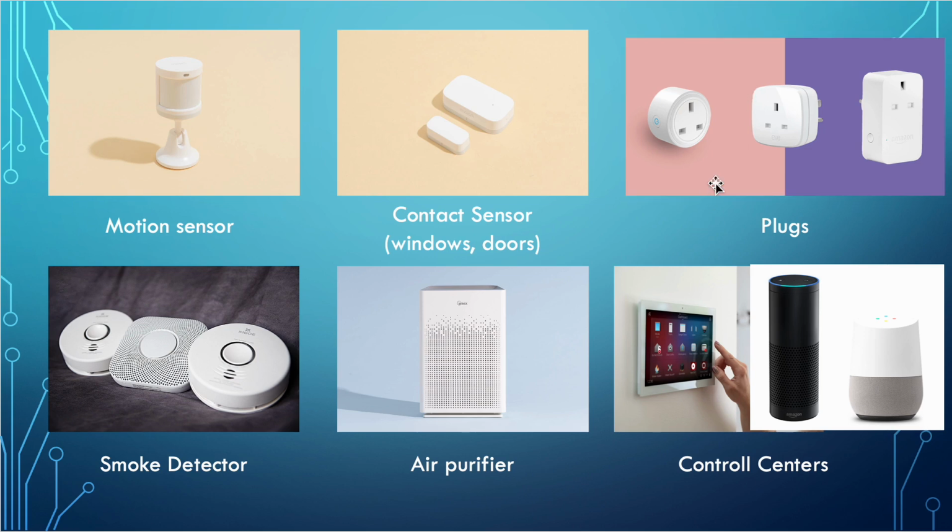So smart plugs, when used to control the electricity flow, let us pull old devices which are not connected to the Internet of Things at the moment into the Internet of Things.